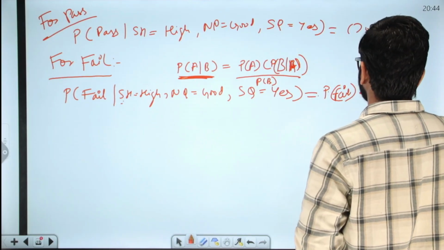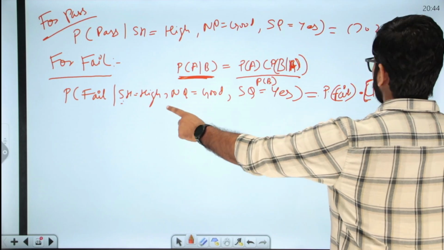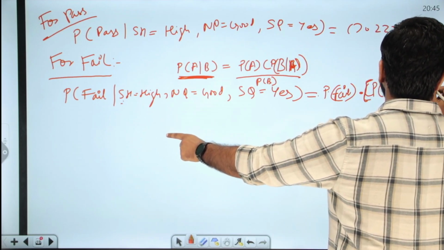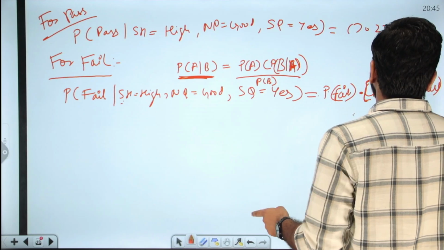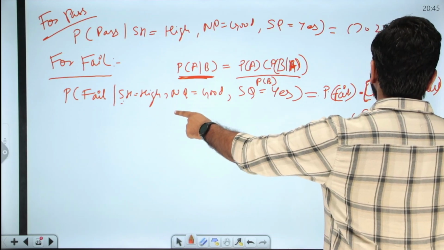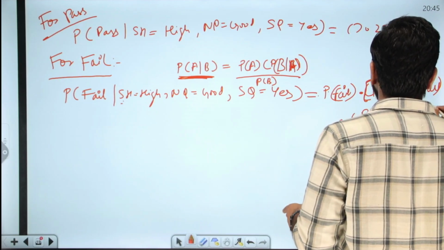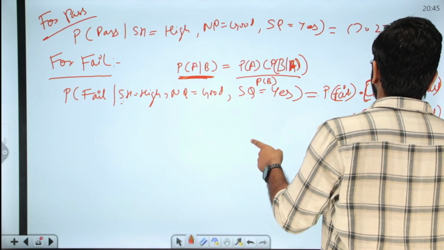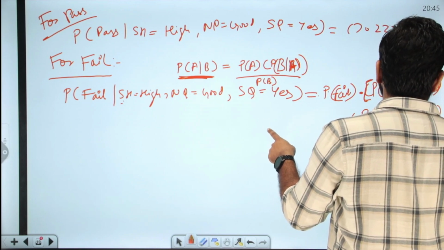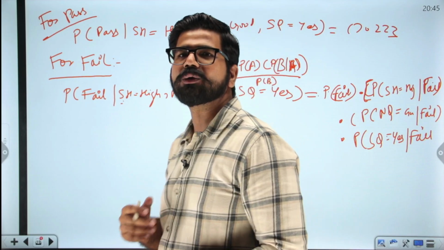That is the probability of high score when the student is fail. Similarly, multiply by notes quality good, assuming that the student is fail. Similarly, sleep quality is good, assuming the student is fail. Okay, so all this you need to calculate now.